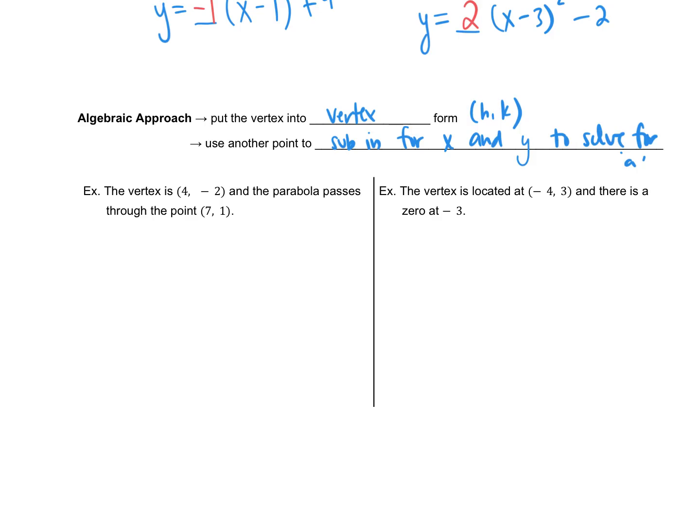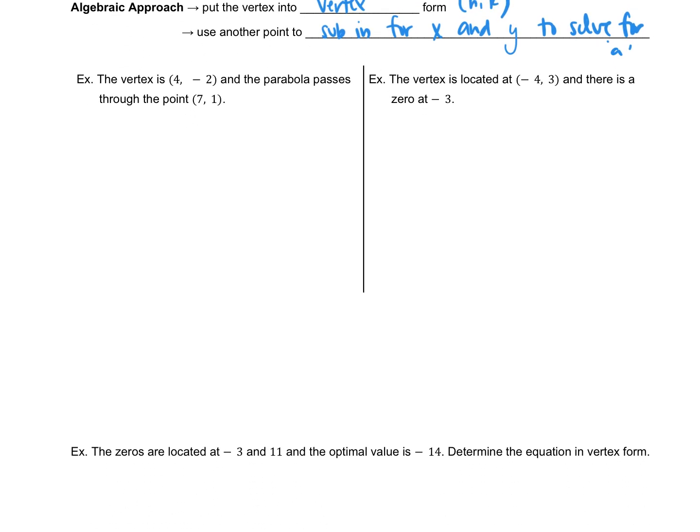So let's take a look at our first example. This parabola has a vertex at 4, negative 2, and the parabola passes through this random point 7, 1. So my vertex form is y equals, I don't know my a value, the axis of symmetry is positive 4, so x minus 4 to the power of 2. Make sure you include that power of 2, otherwise you won't have a parabola, you'll have a line. And then the optimal value of negative 2, so minus 2.